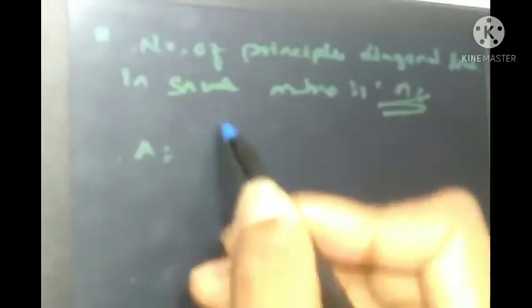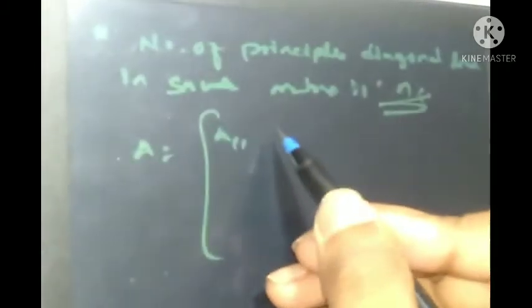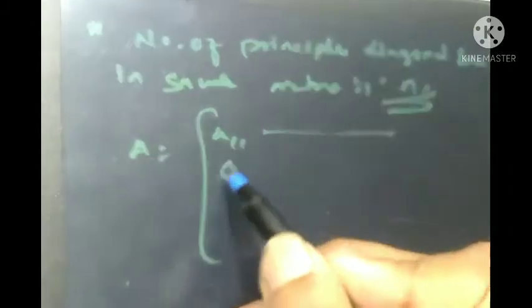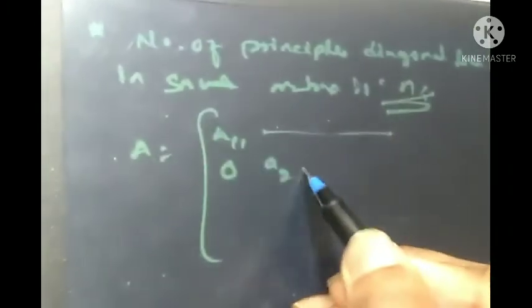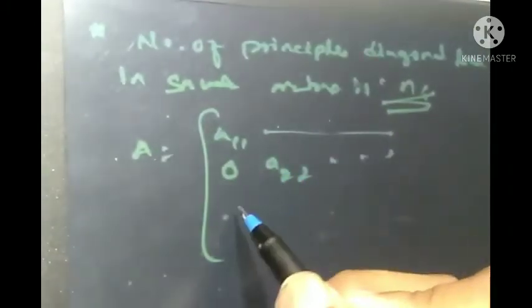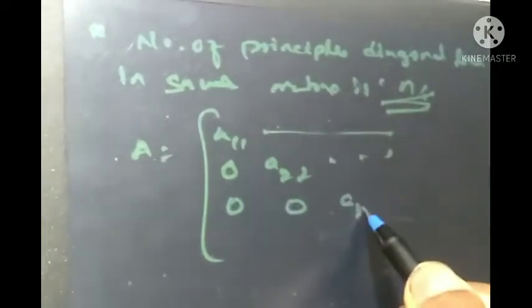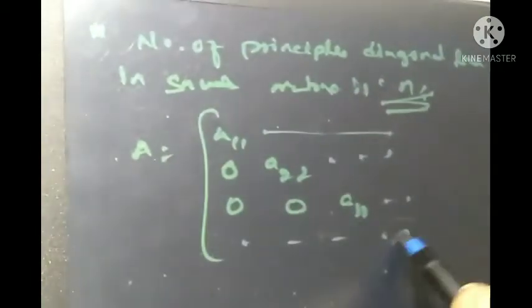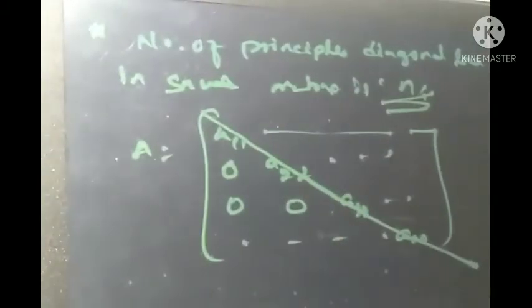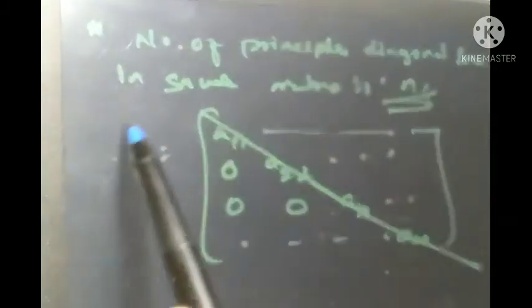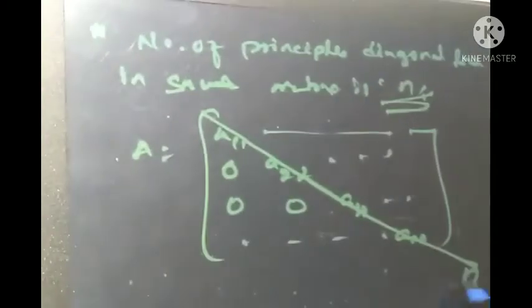Suppose we consider a matrix with a11, a22, a33 and so on up to ann, and all the other entries are 0. The number of principal diagonal lines in a square matrix is n. This is the diagonal matrix.